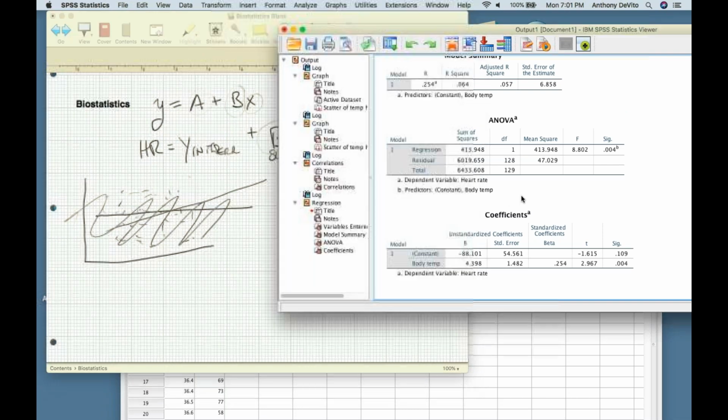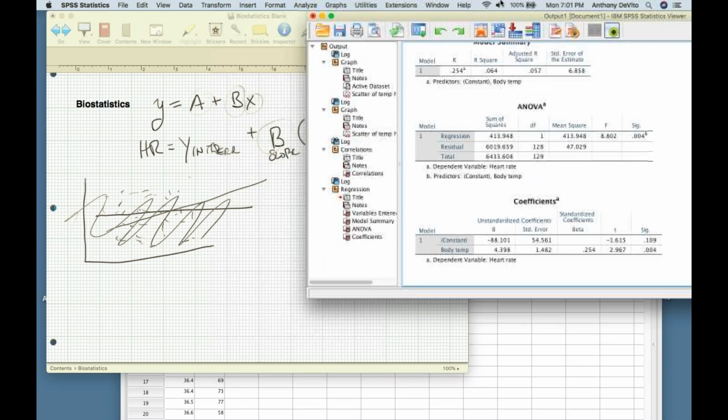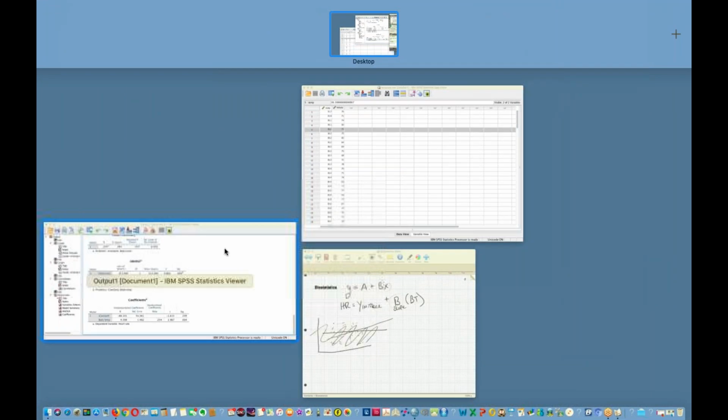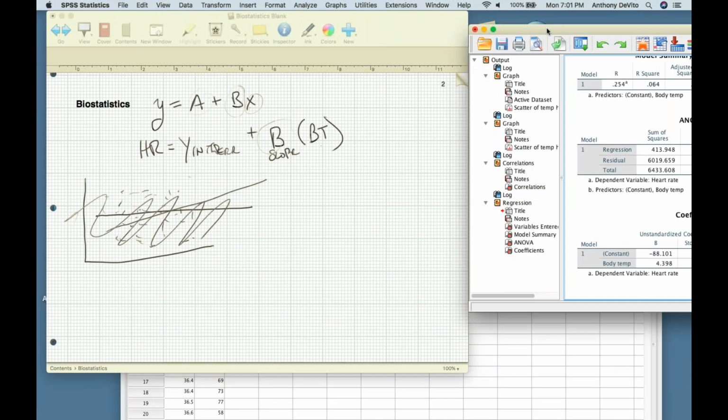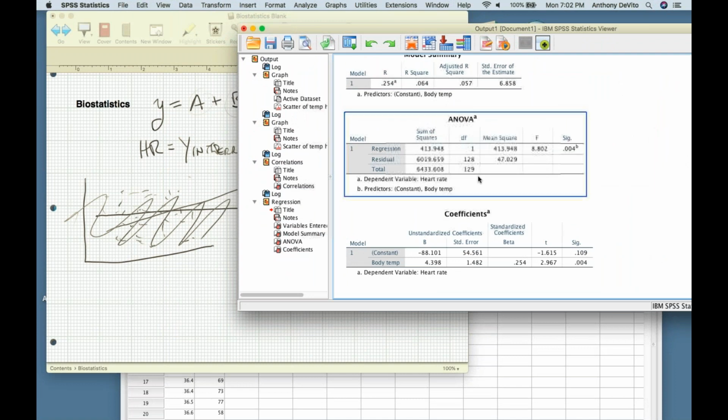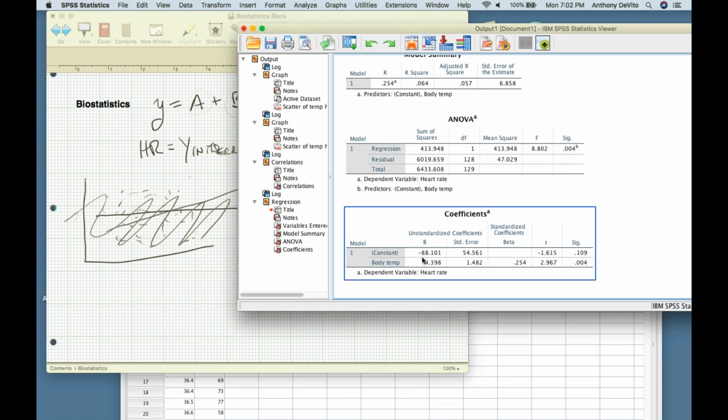Now, if we go to this table, let's interpret it. This table tells us that the y-intercept is -88, and the slope for the body temperature is 0.4398.